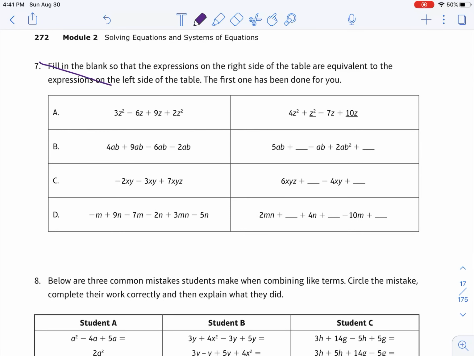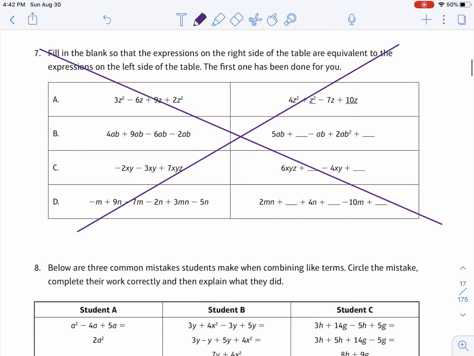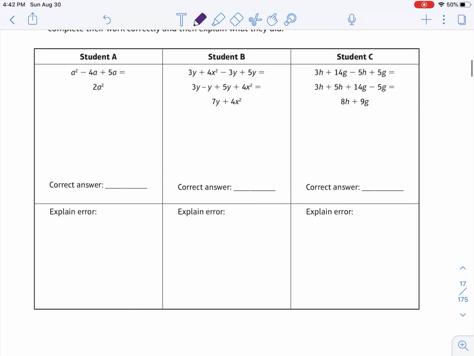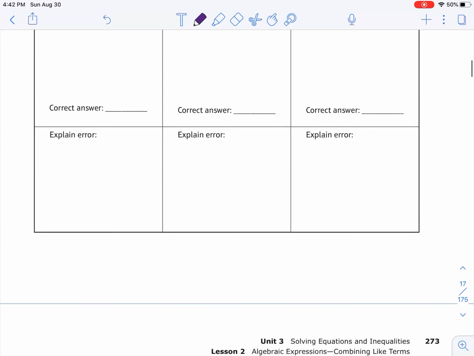We're going to completely skip number 7. For number 8, they talk about mistakes that happen. I don't want to talk about mistakes yet. We'll talk about those tomorrow or live in class.